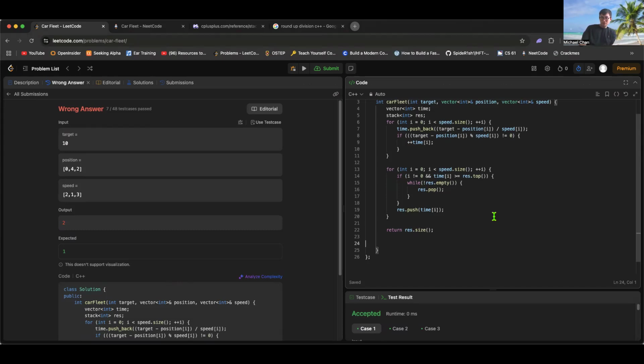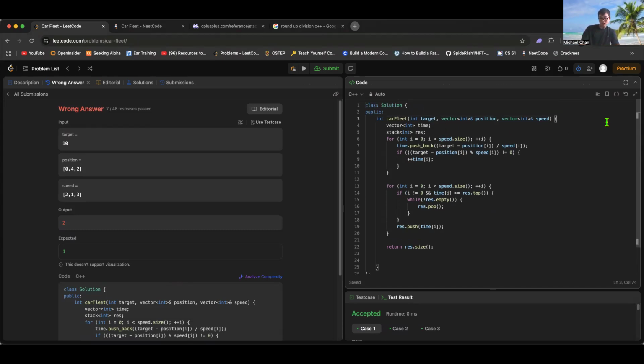Oh, I have to sort them by position first. Fuck, I'm retarded.